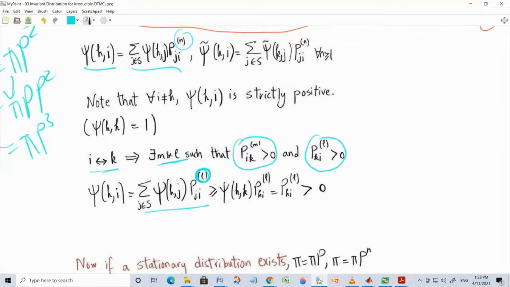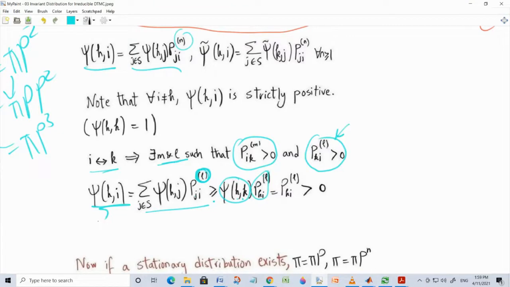So psi ki is greater than or equal to psi kk times p ki of l. Now psi kk is equal to 1 and p ki of l is strictly positive, so this quantity is strictly positive. And this is for any generic i.